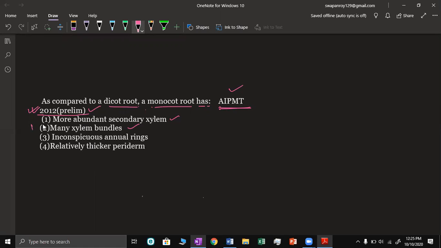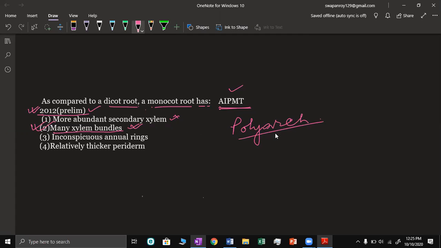We have solved this question more or less yesterday also: they have many xylem bundles. That is the polyarch condition. Remember, monocot root has many xylem bundles, polyarch condition.